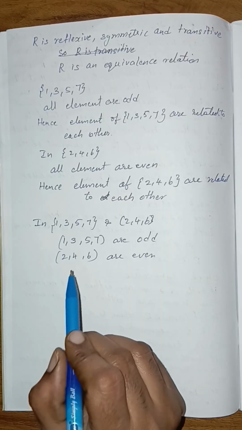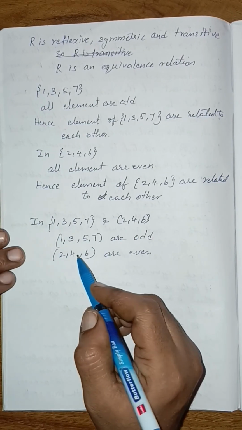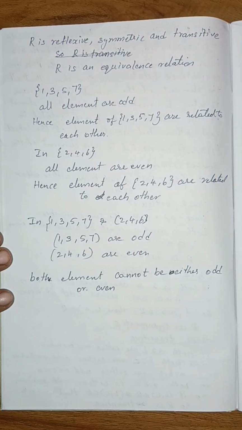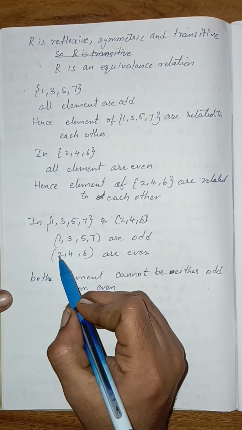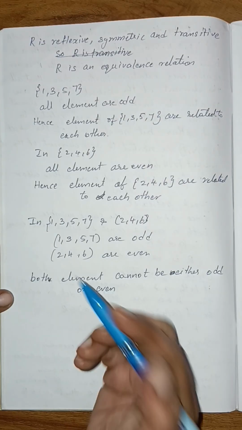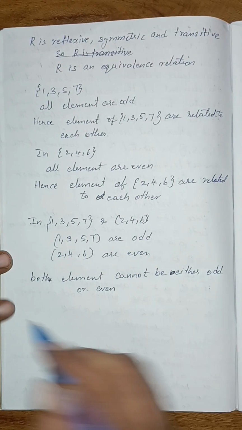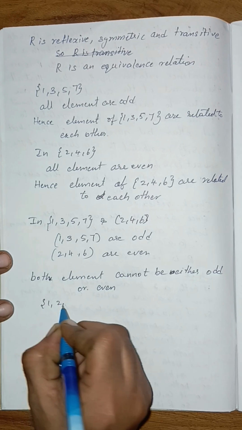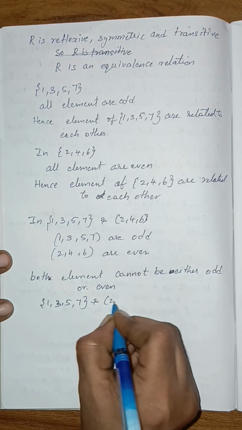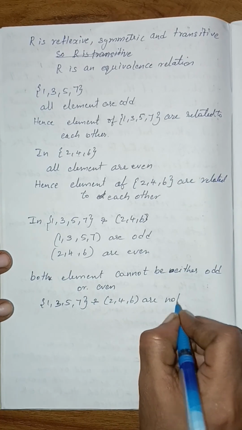So if you are taking one element from odd and one element from even, both elements cannot be either odd or even. So if you are taking 1 and 2, both cannot be odd and both cannot be even, because one is odd and one is even. So we cannot relate them to each other. So 1, 3, 5, 7 and 2, 4, 6 are not related to each other.